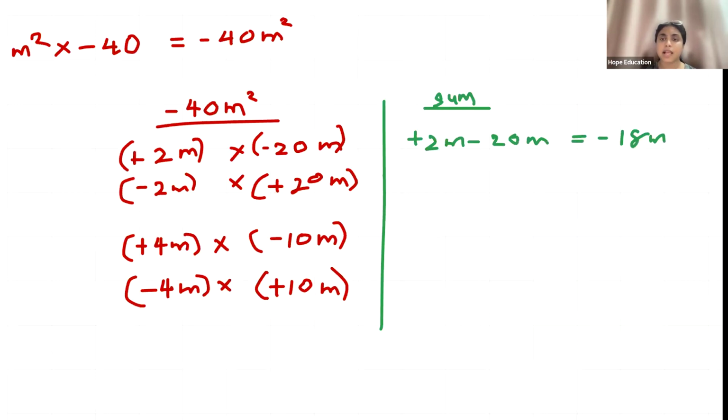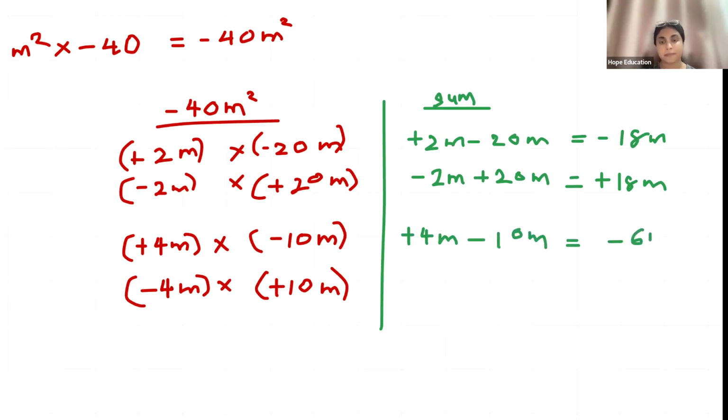There we get plus 18m. Still not plus 6m, so let's keep it. Plus 4m minus 10m. Let's see, plus 4m minus 10m, which would be minus 6m. Close, but what we want is plus 6m.